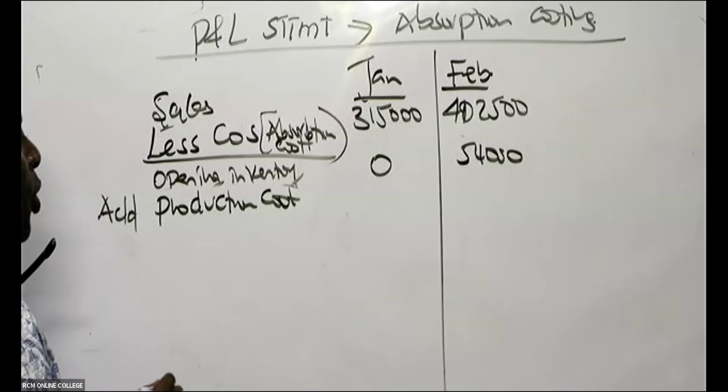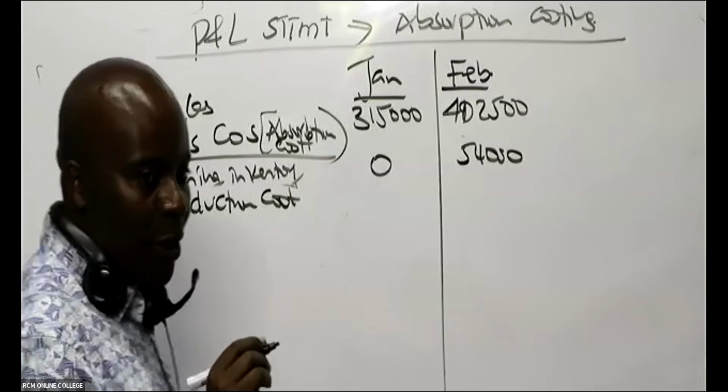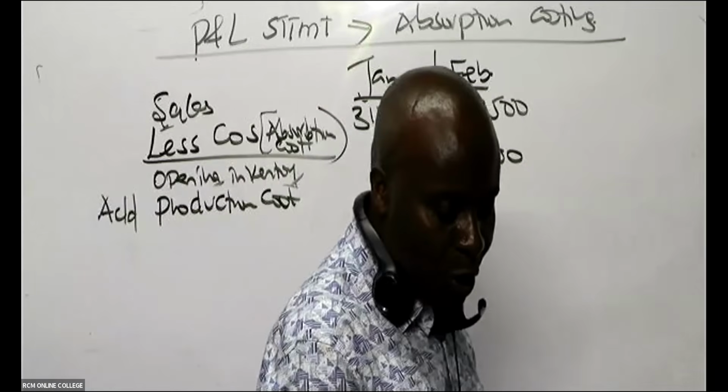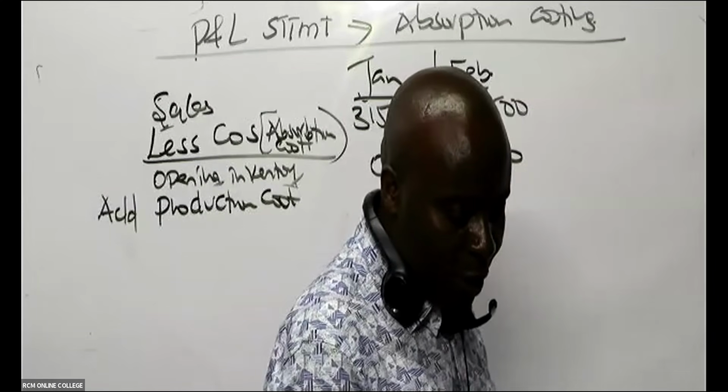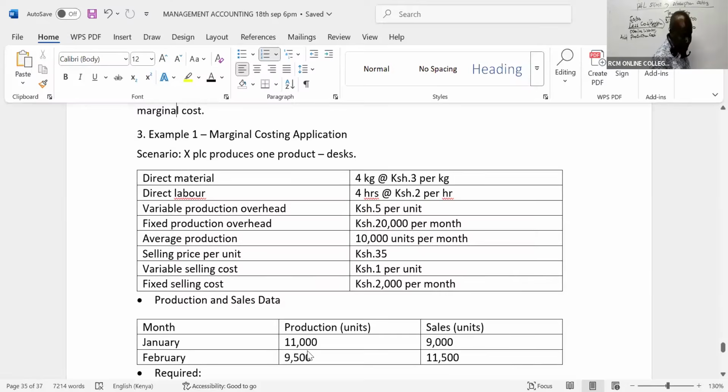Our production cost will always be pegged on the units that we produced in the period. January is 11,000, February is 9,500.